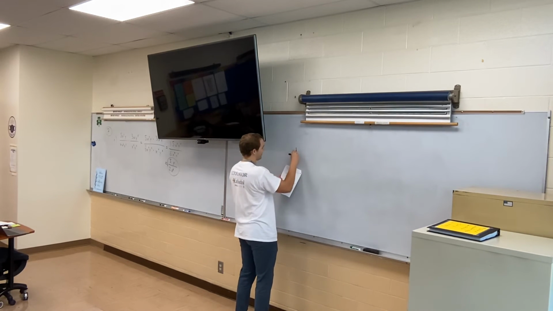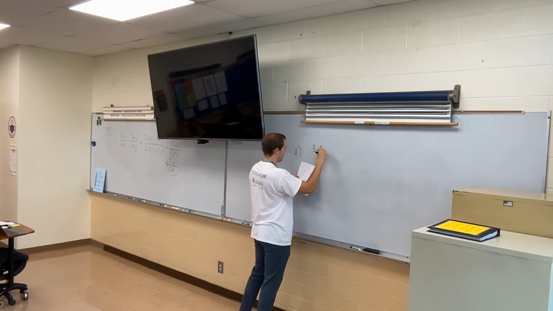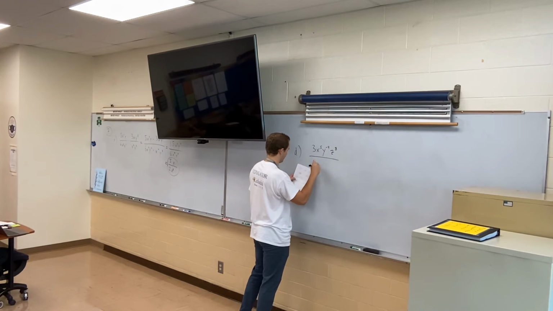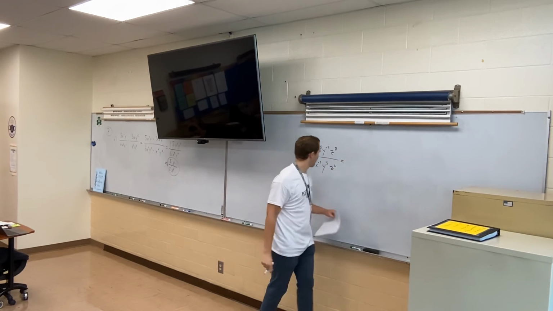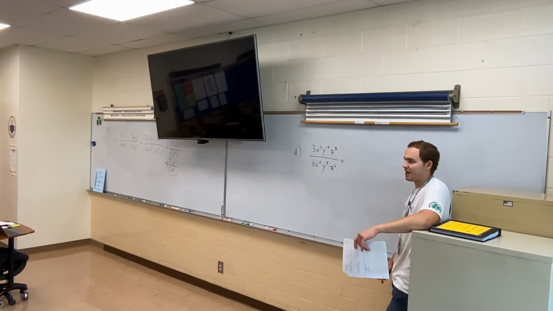D. Oh, here's a good one. 3x to the 5th, y to the negative 4, z to the 8th, over 6x to the negative 3, y to the 5th, z squared. All right, what do I get rid of first? This is my personal preference.